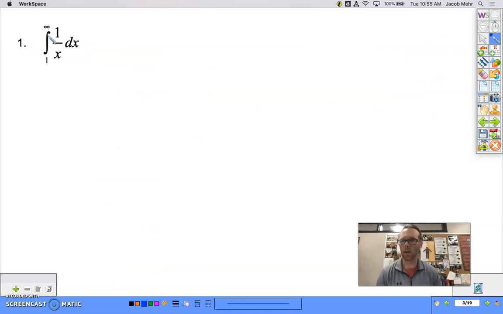All right, let's look at another example. Last time we did 1 over x squared from 1 to infinity. Well, what if we want to do 1 over x from 1 to infinity? We know we're going to switch this to be the limit as t goes to infinity of the integral from 1 to t of 1 over x dx.